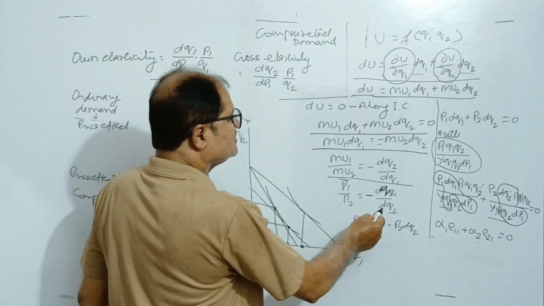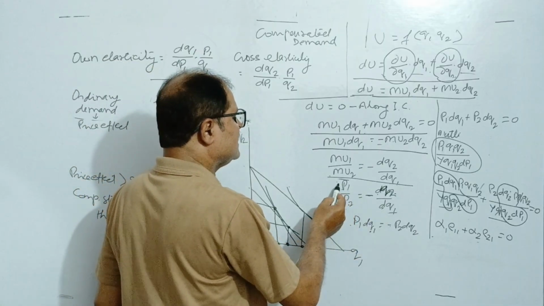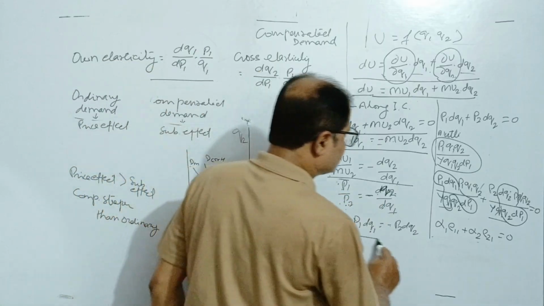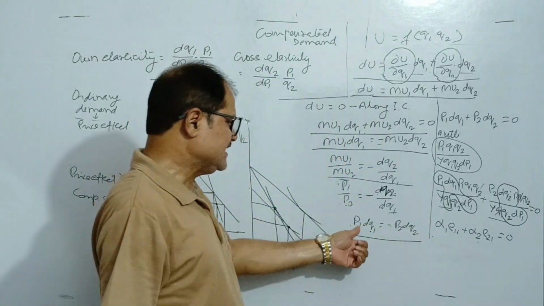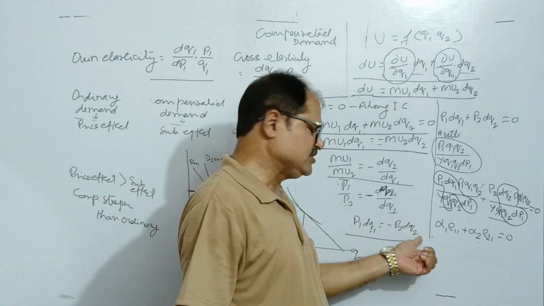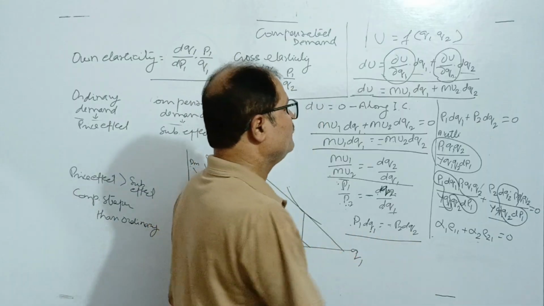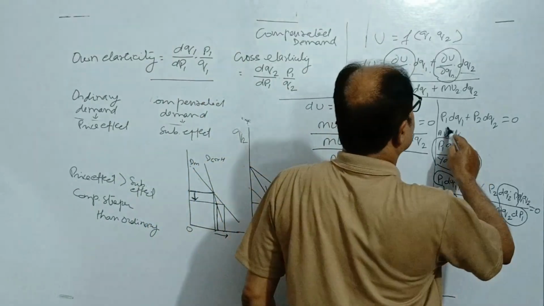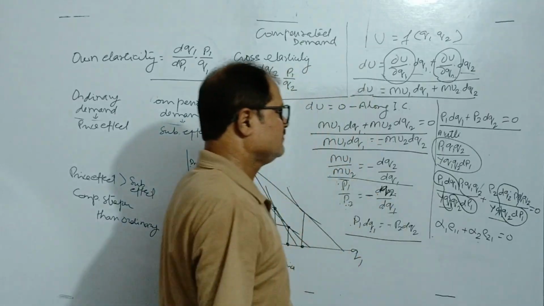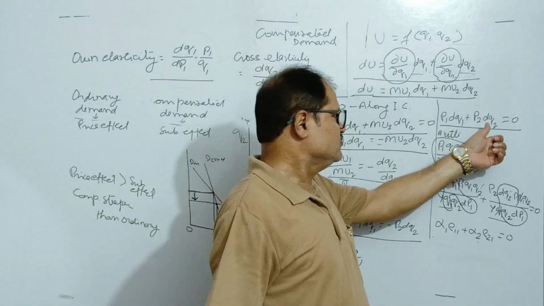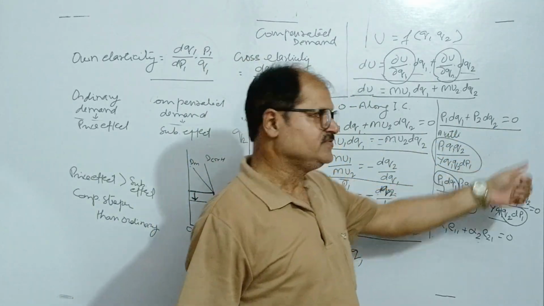Now, taking this here and this here, this expression is found. P1 dq1 is equal to minus P2 dq2. Taking this to this side, we get this expression. P1 dq1 plus P2 dq2 is equal to 0.